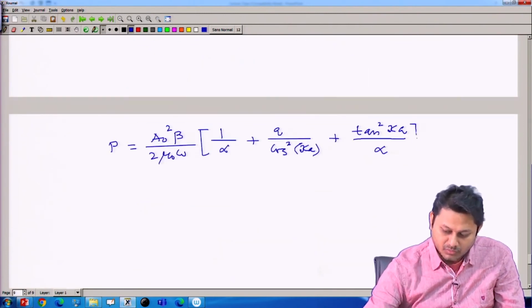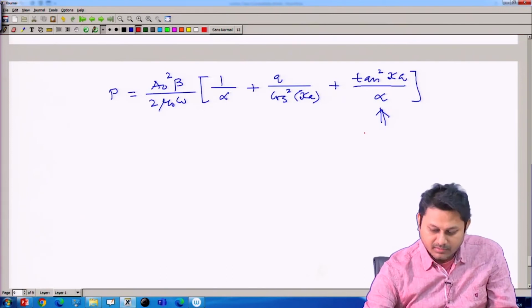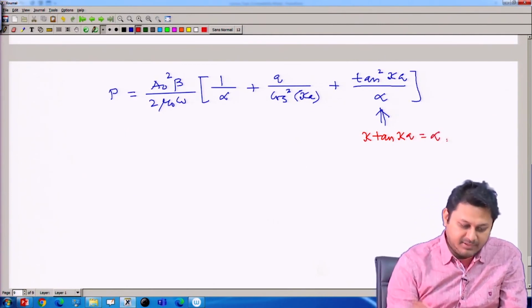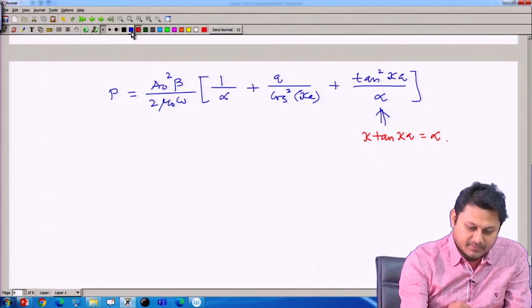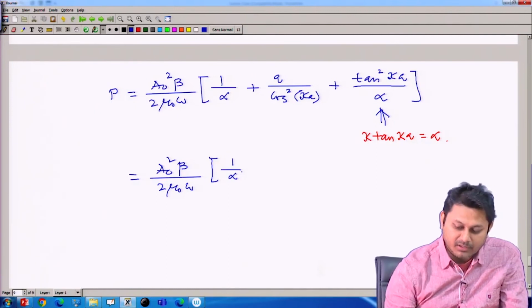So, kappa I can find by using the equation kappa tan kappa a is equal to alpha. Once I have this, then I can write it as A0 square beta divided by 2 mu 0 omega, and then I can take 1 by alpha common.